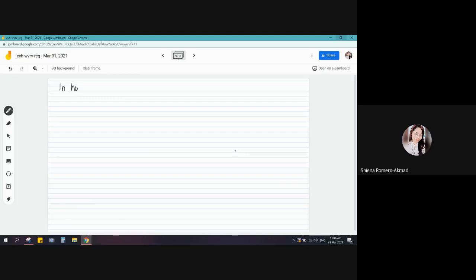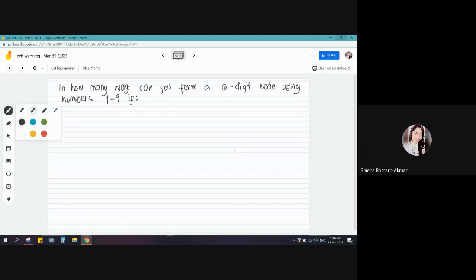In how many ways can you form a 6-digit code using numbers 1 to 9 if, A, repetition is allowed.